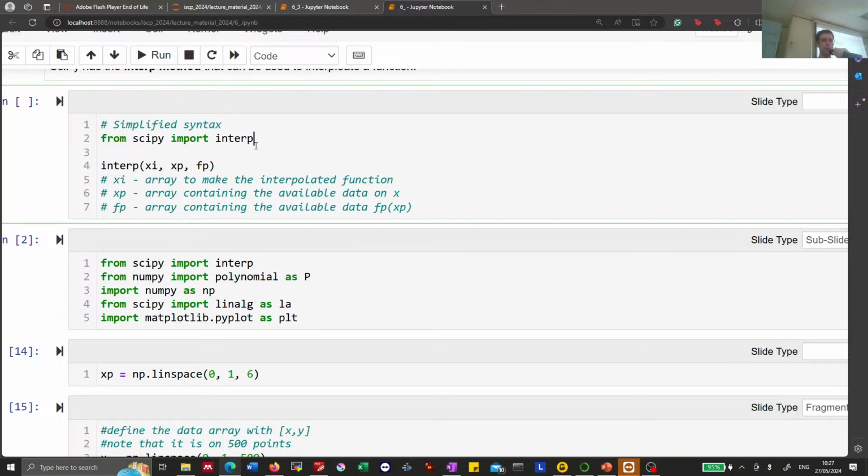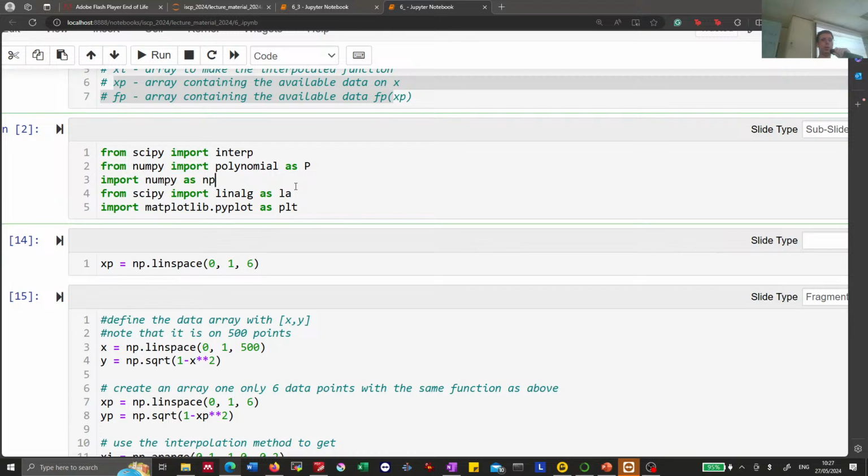So we import interp from SciPy, and it takes 3 arguments. The interpolated function, the one with a dense sampling, and xp and fp are the given data points. Okay, so what do we do?